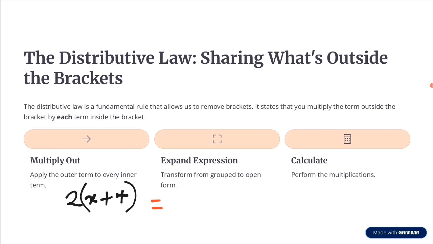Okay, let me go ahead a little. What you're going to do is 2 multiplies x, and 2 also multiplies plus 4. In algebra, we refer to terms in terms of directed numbers.